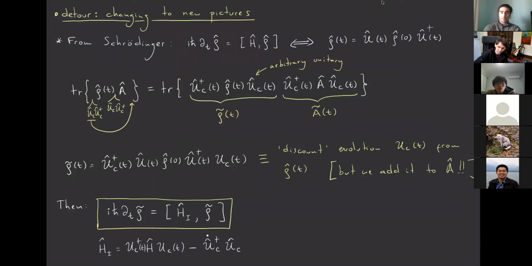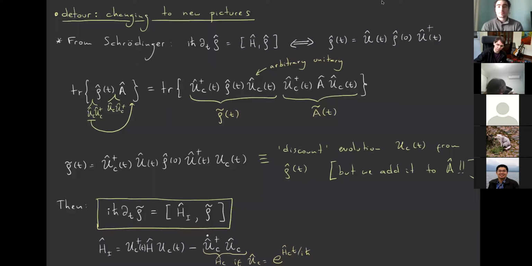And something that is very important is that if as unitary we take something that has the form of just a time-independent Hamiltonian, so imagine that you don't choose just any unitary, but you choose a unitary in which you want to discount the evolution associated to a time-independent Hamiltonian H_C, then all this thing is just H_C.